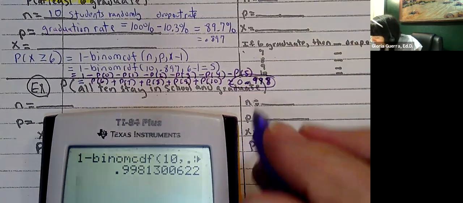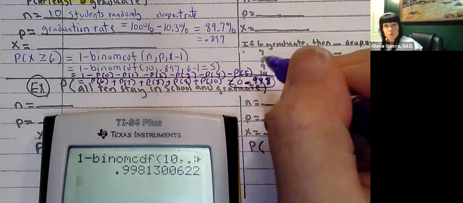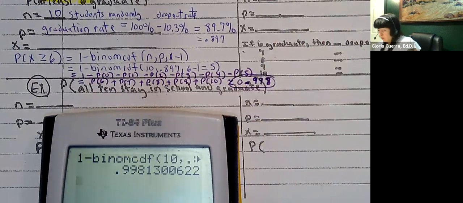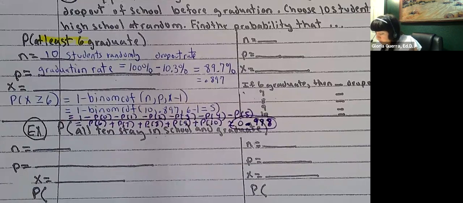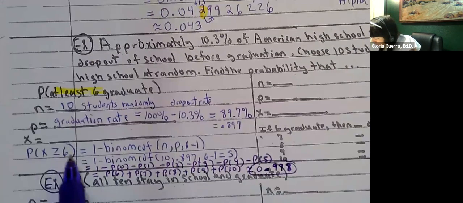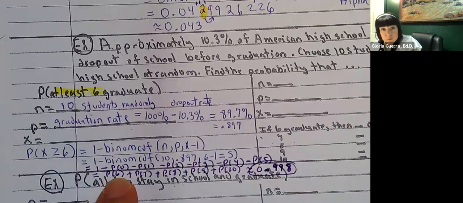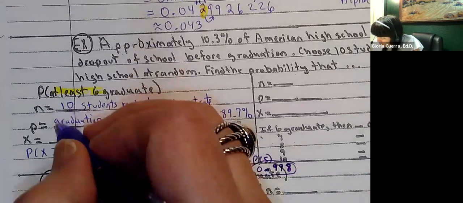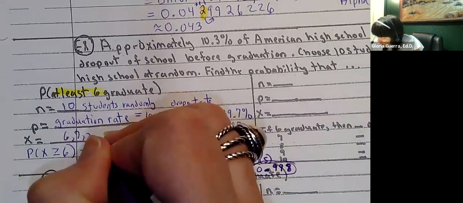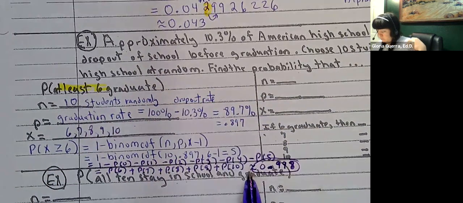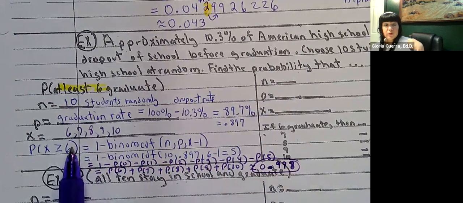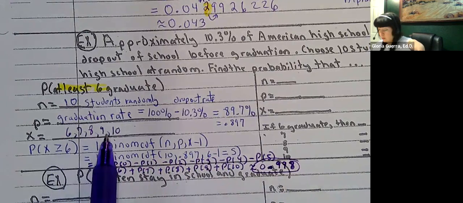And don't forget here in the X, what you're finding is P of 6. So this is 6, 7, 8, 9, all the way to 10. So you see X was greater than or equal to 6: 6, 7, 8, 9, 10.